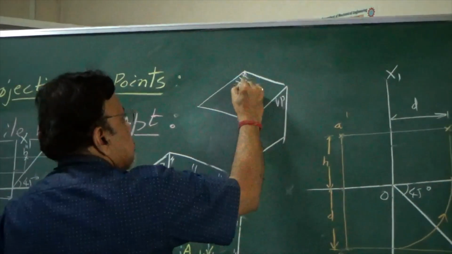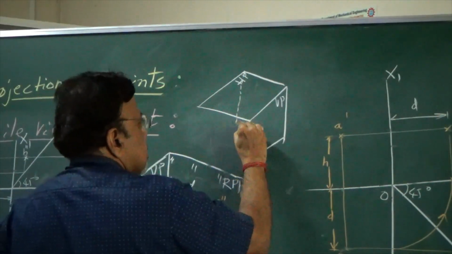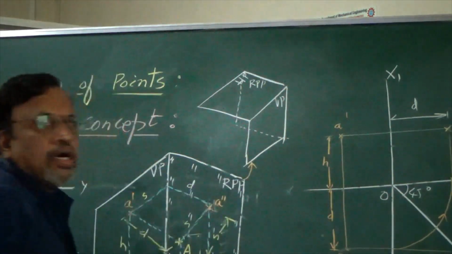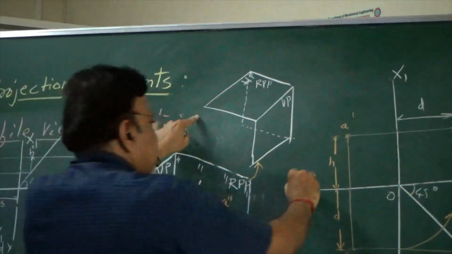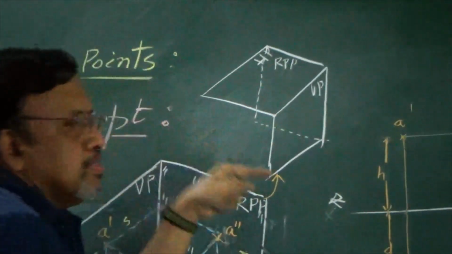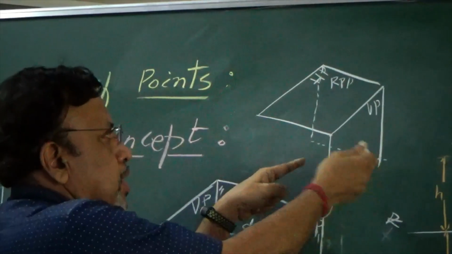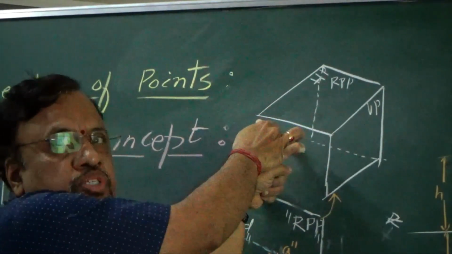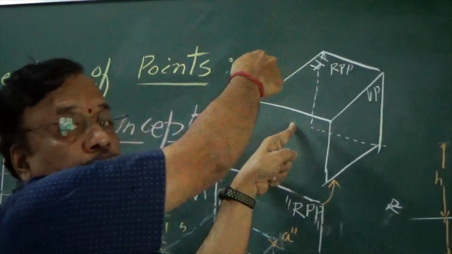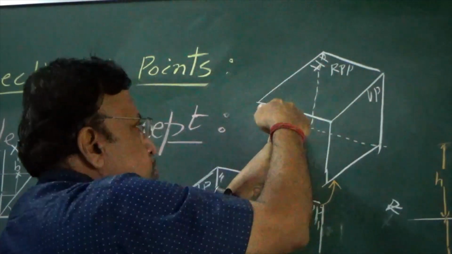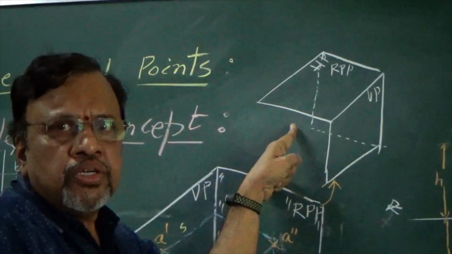Now I consider this plane. What is this plane I said? RPP. Now if I look from the front: observer, plane, object. If you look from the top: observer, plane, object. Would you say that your plane is in between?